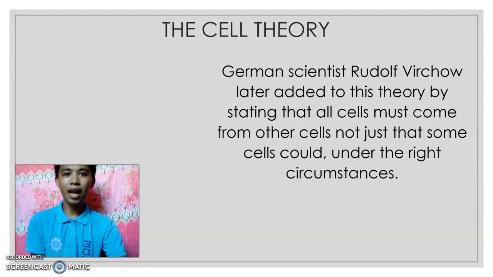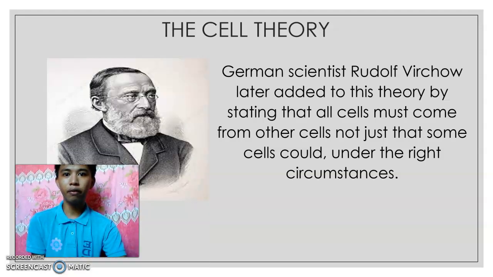The German scientist Rudolf Virchow later added to this theory by stating that all cells must come from other cells, not just that cells could, under some circumstances, be formed this way. However, Virchow appears to have actually stolen this idea from the Polish scientist Robert Remak.